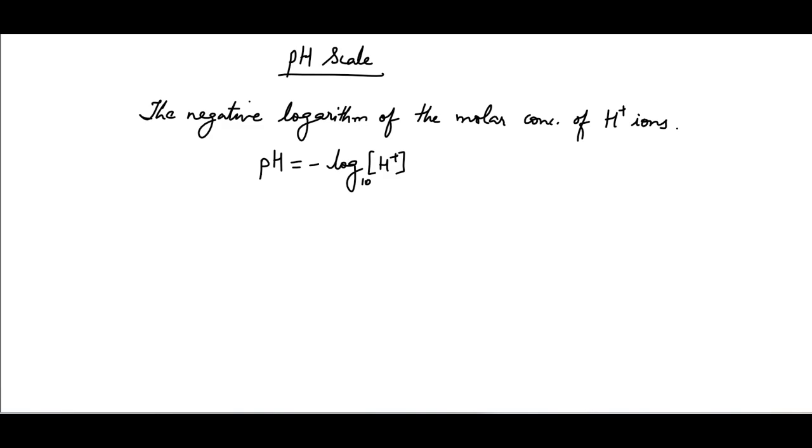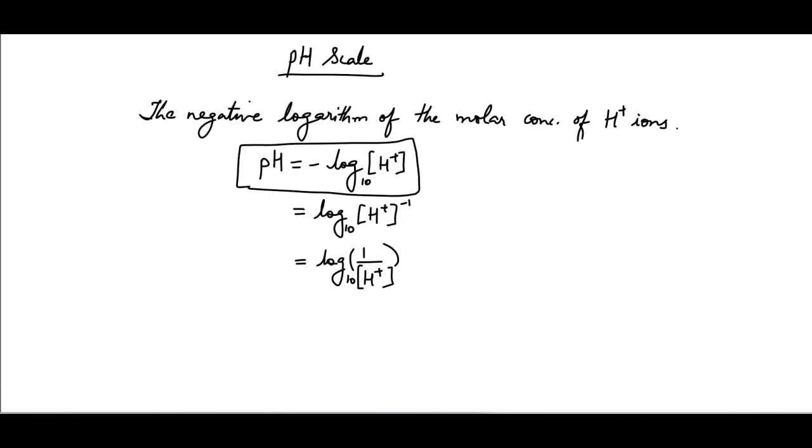And if we know the logarithmic properties, this minus log x can be written as log of x to the power minus 1, which is nothing but log of 1 upon concentration of hydrogen plus ions to the base 10. But this definition is what is understood by most people.